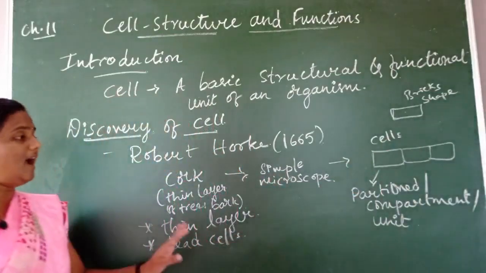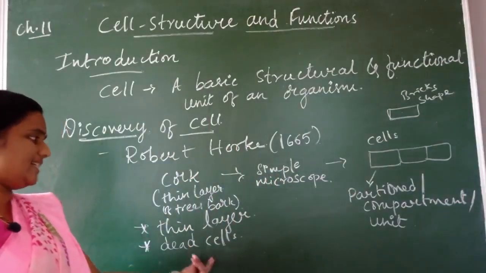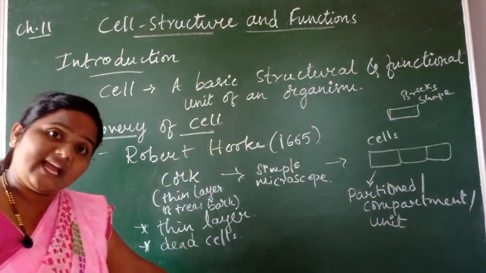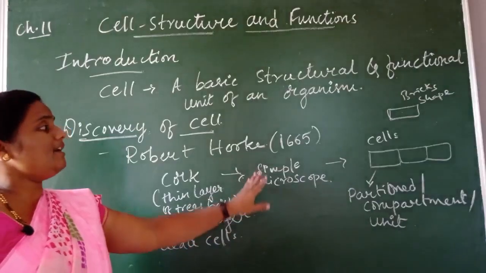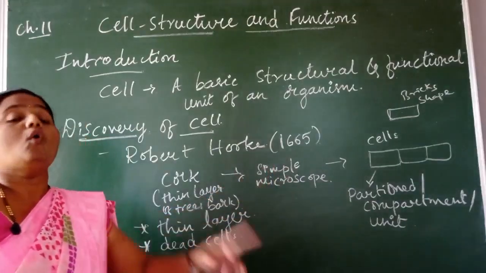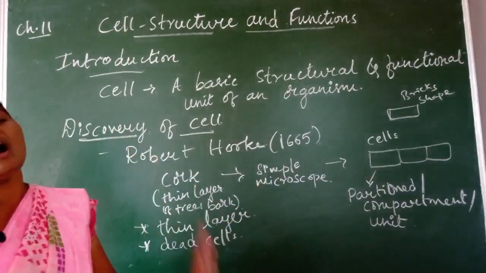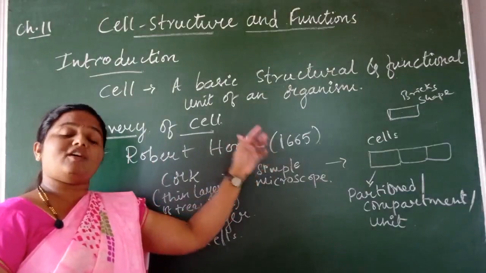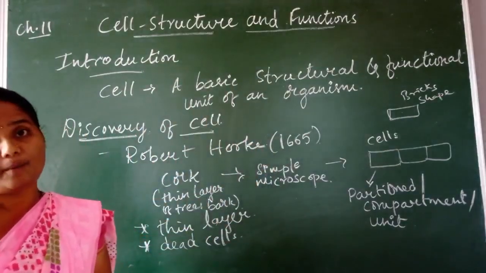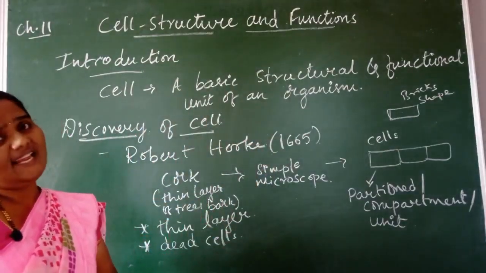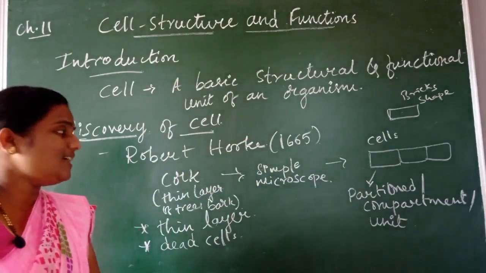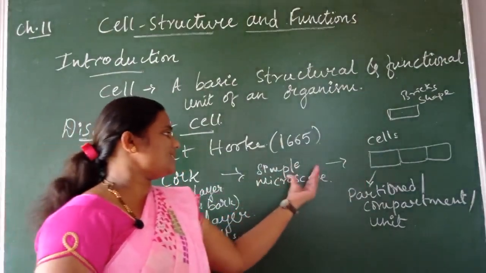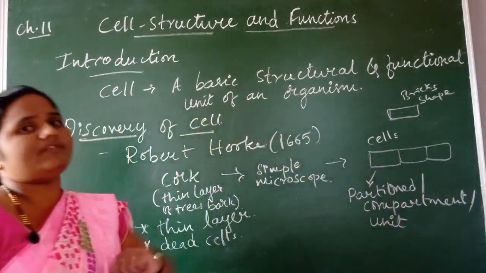Okay, here he had used a dead cell for his experiment, but the cells of living organisms were used for experiments only after the discovery of the compound microscope, children. That is, nearly 150 years after Robert Hooke's discovery, due to advancement in technology, different microscopes were introduced. After the simple microscope, the compound microscope was discovered.